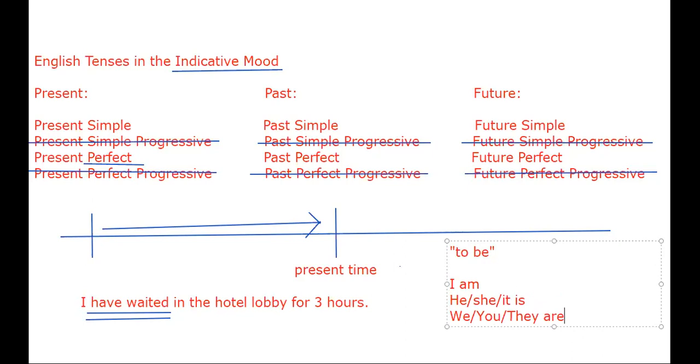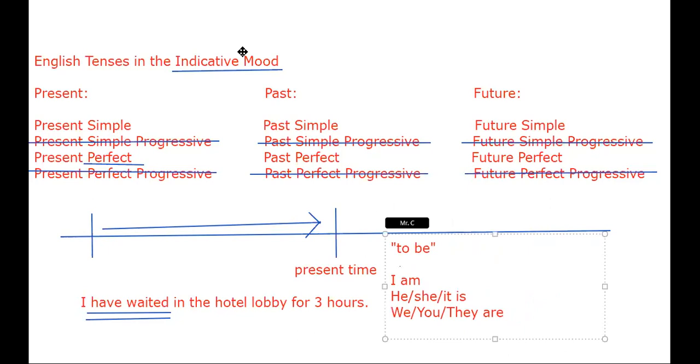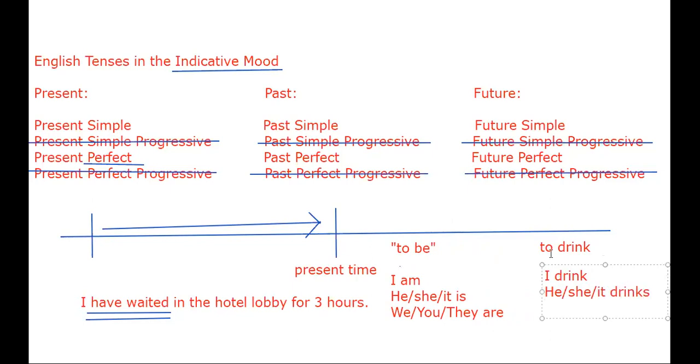And let's say for the verb, let's have a regular verb this time. To drink. It's like I drink, he, she, it drinks, we, you, they drink.